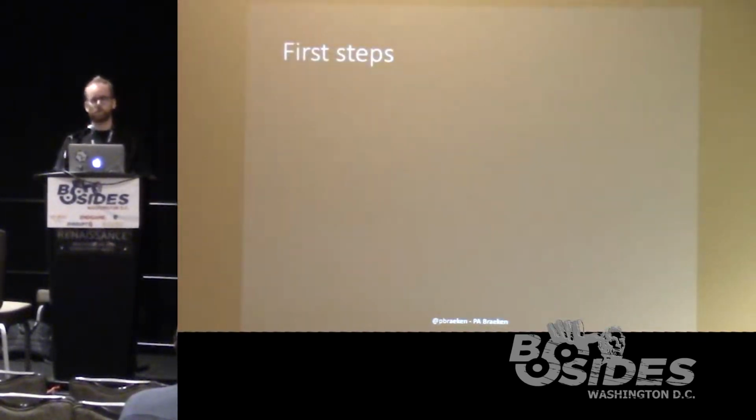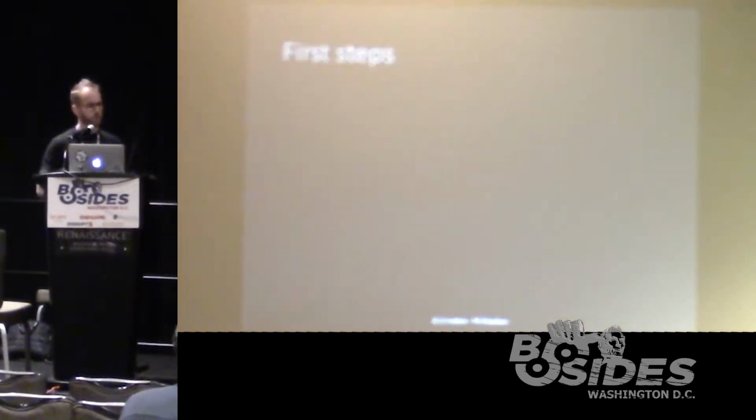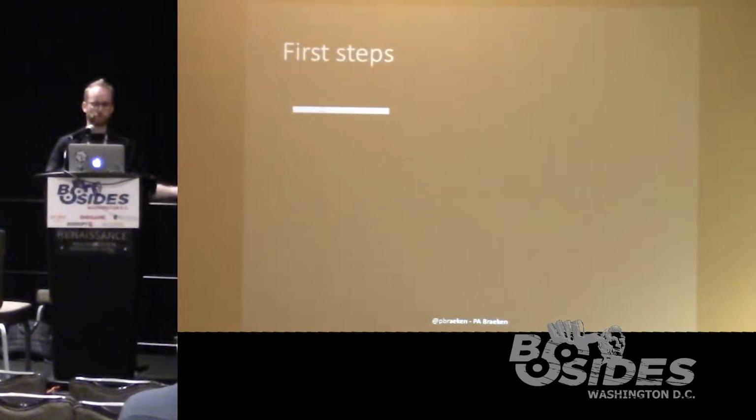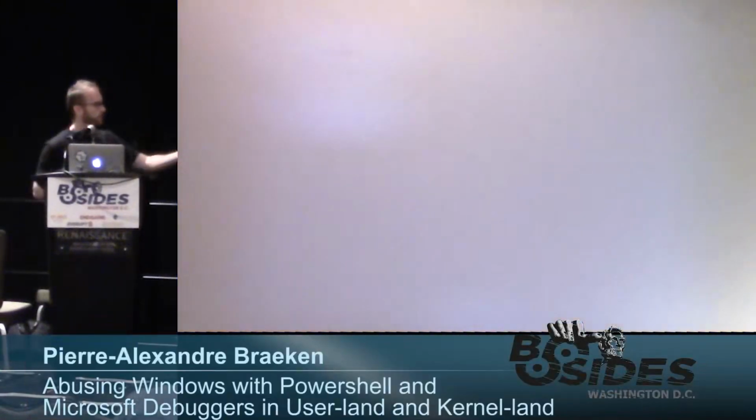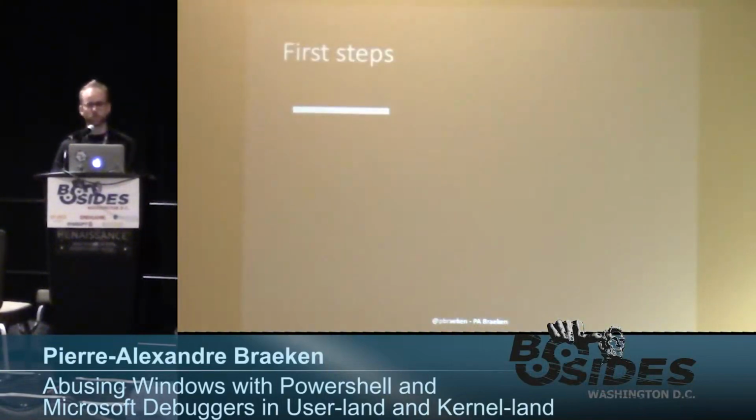First step, when you are in front of the console of the debugger, you can ask it to display bytes. So on the screen I put DB, and you will have the bytes. It's like 51D1, something like that. I don't know if you can see that. I'm not sure.